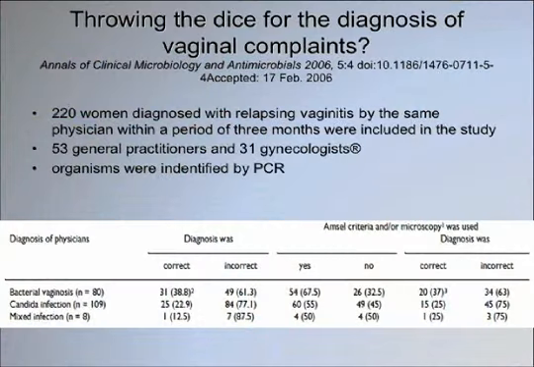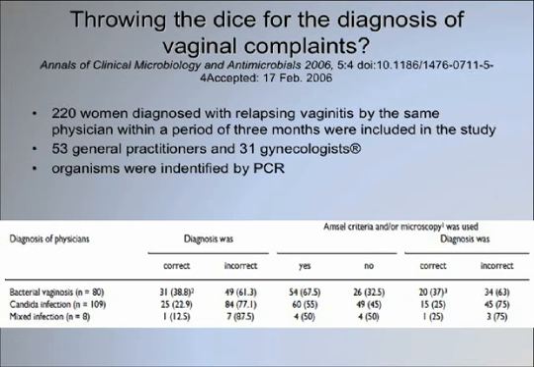I love this study. Throwing the dice for the diagnosis of vaginal complaints. It took 200 women. They had a group of general practitioners and gynecologists perform the Amsel test that I'm talking to you about before. These are patients with recurrent vaginal infections. They've been seen more than once in the doctor's office. They ultimately identified the organisms that were involved in those vaginal infections by PCR and by culture techniques.